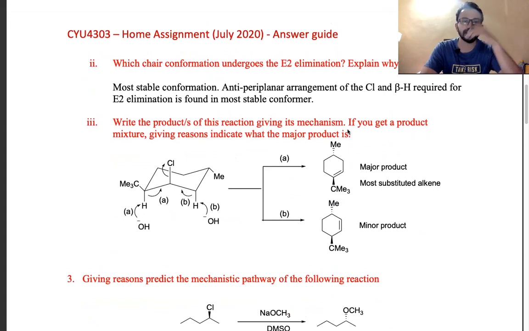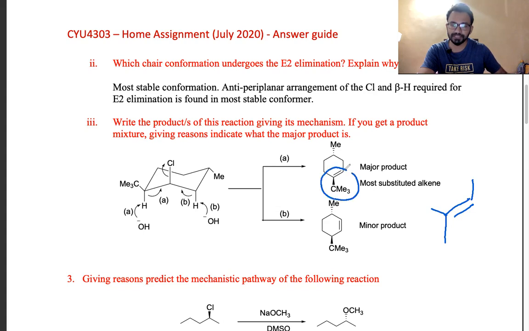If you get a product mixture, they have mentioned this way and this way. They have clearly mentioned both ways. I think the other thing is you have to know the major product comes with the most substituted alkene. You know the alkene is this double bond, but most substituted means this one.